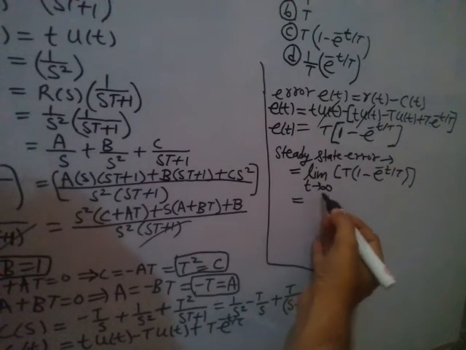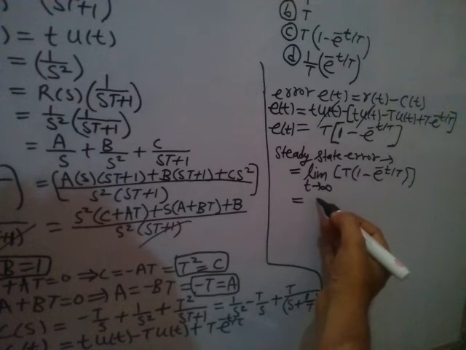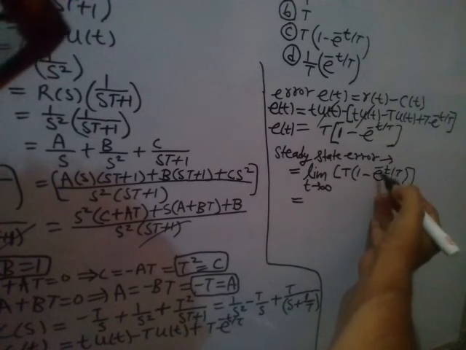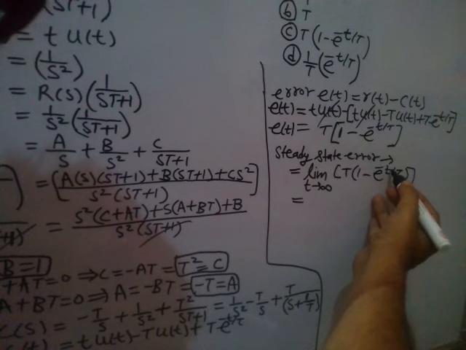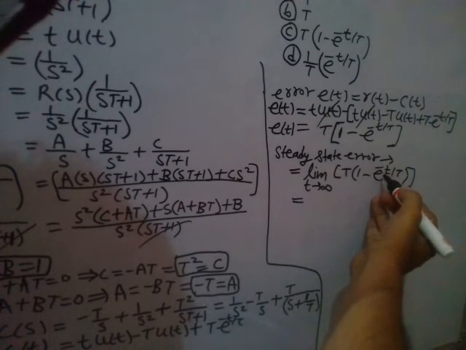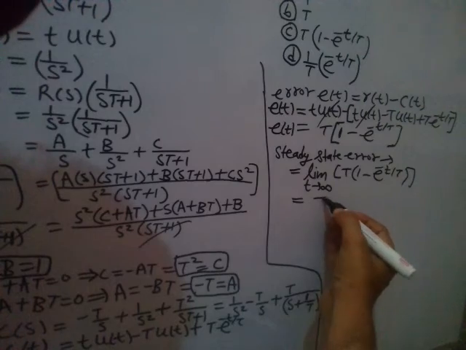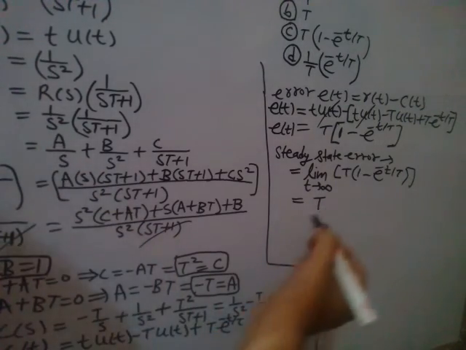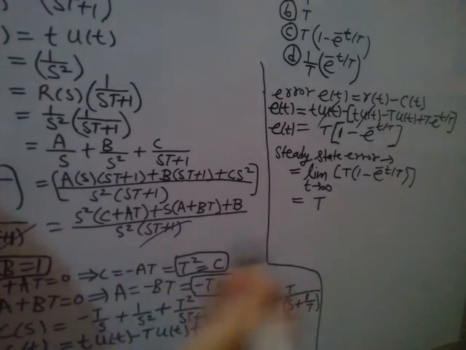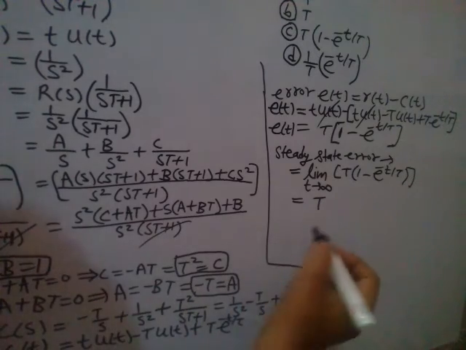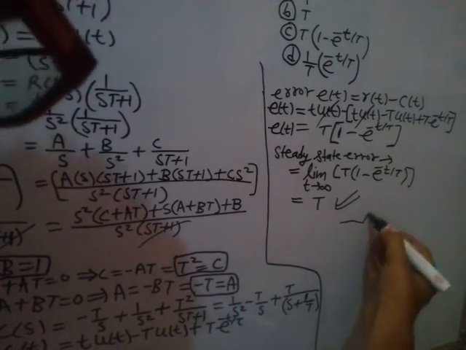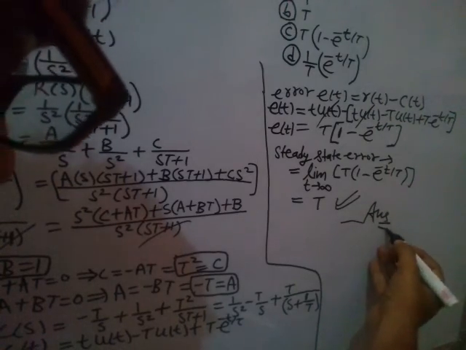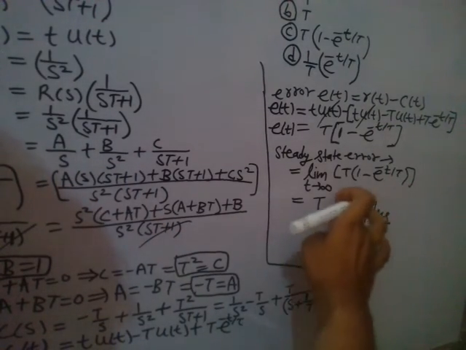So when you put small t is equal to infinity, this exponential term becomes 0, because e to the power minus infinity becomes 0. So finally what is remaining? Finally T is remaining. So the steady state error will be equal to T. So T is the answer.